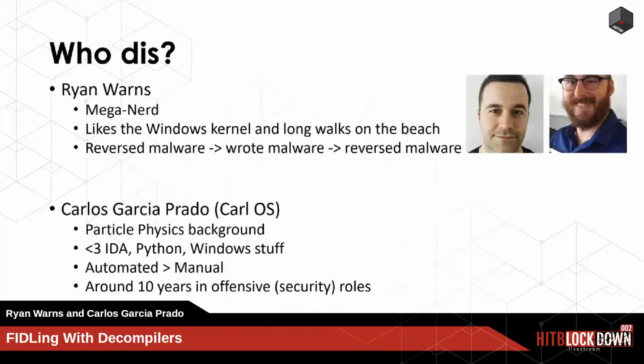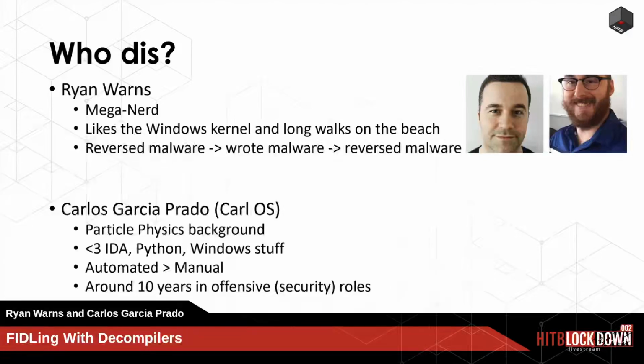So yeah, who is this? Ryan? Yeah, my name is Ryan Warnes. I've run the gamut in terms of low-level reverse engineering stuff. So I've done malware analysis, vulnerability research, worked on Windows, worked on Android. I've kind of done just about everything. So. And I am Carlos Garcia Prado, also go by Carl OS.